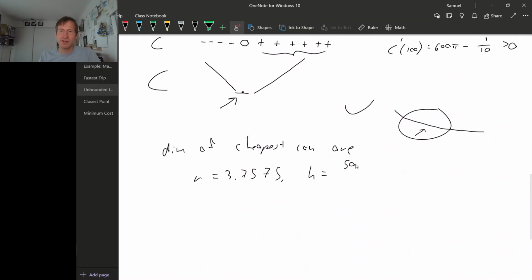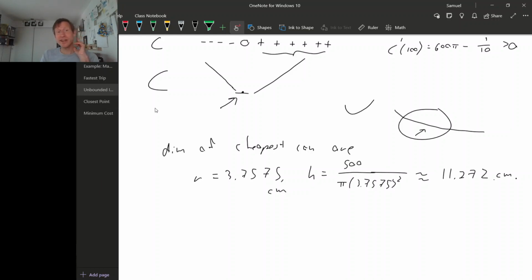So 500 over pi times 3.7575 squared. And might as well punch that into a calculator. 500 divided by pi times 3.7575 squared, closed denominator, equals, okay, 11.272. And these are both in centimeters. So there are the dimensions of the can that gives us our lowest cost.